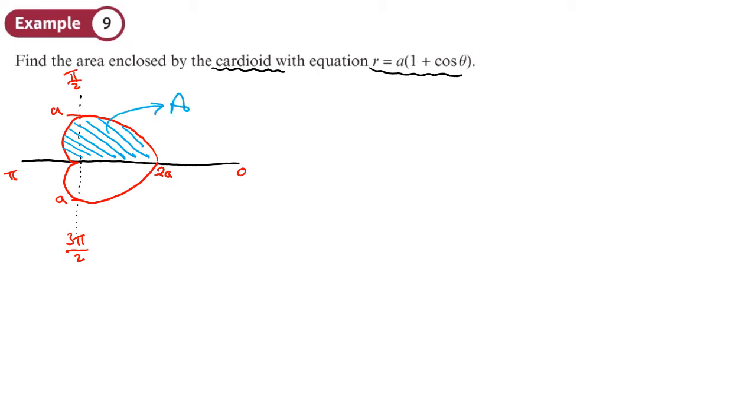So the area times 2 is going to give me the total area. Now, where does this start and finish? It starts here, so that is an angle of 0, and then it finishes here, and that is an angle of pi.